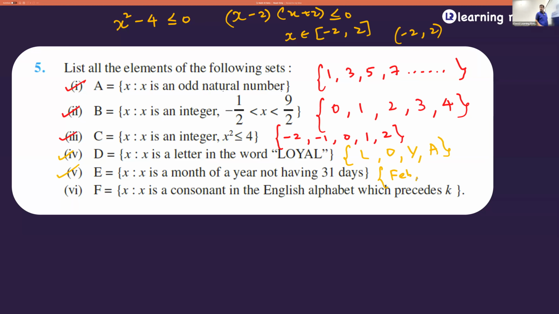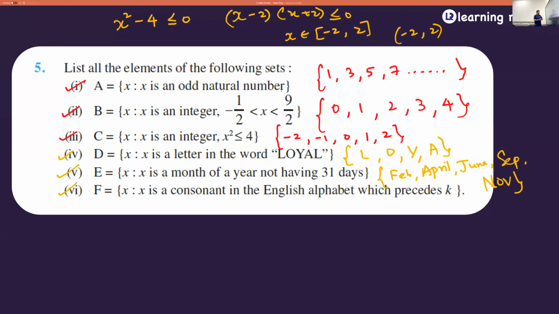Feb, March has, April, August doesn't have. August not included, no. September, that's there, no. September, then October is eliminated. Then what you have? November you have 30, then December again 31. So these are the months.